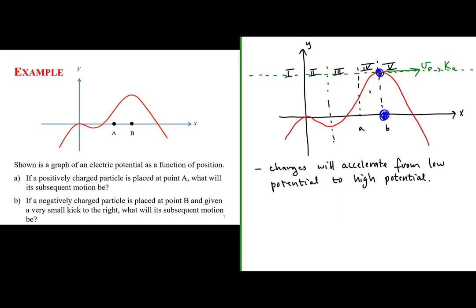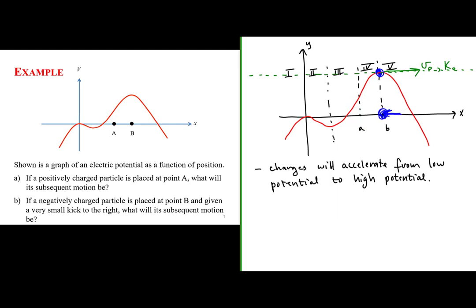So if we give this electron a kick to the right and it displaces to the right, then there will be an electric force that acts on it to the left. That force will cause it to slow down, stop, and then speed up as it goes back to its equilibrium position.